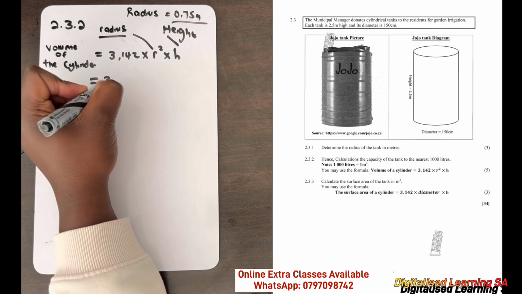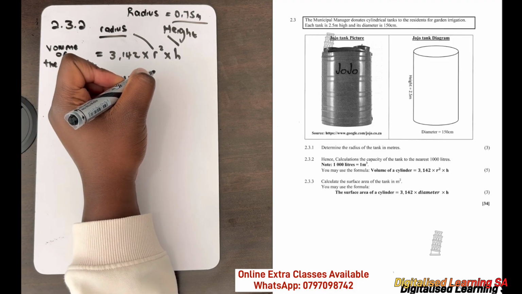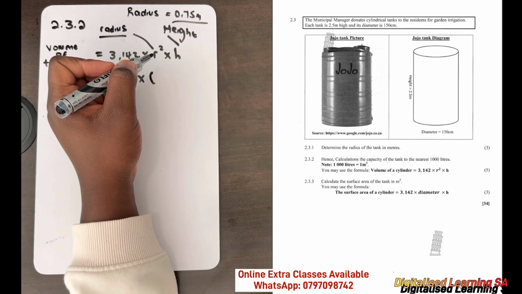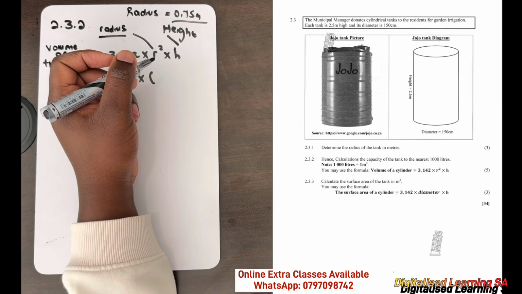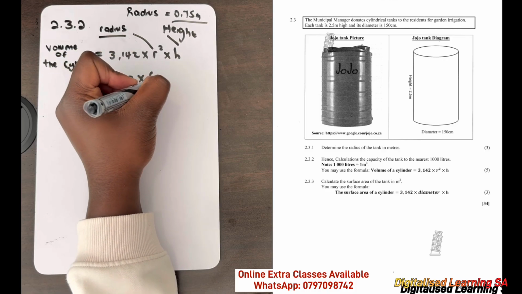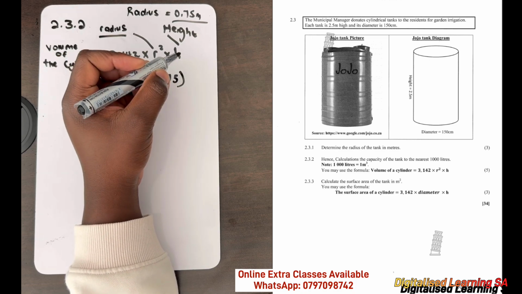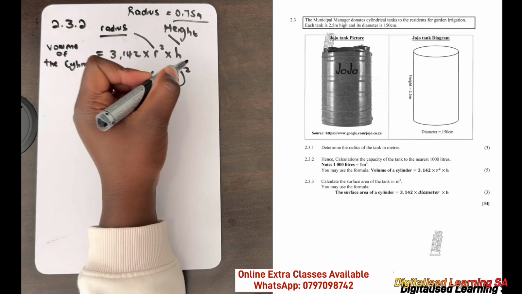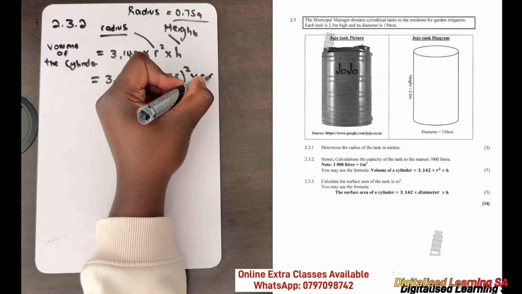We will say 3.142 multiplied by our radius, which is 0.75, to the power 2, and then multiply by our height, which is 2.5.